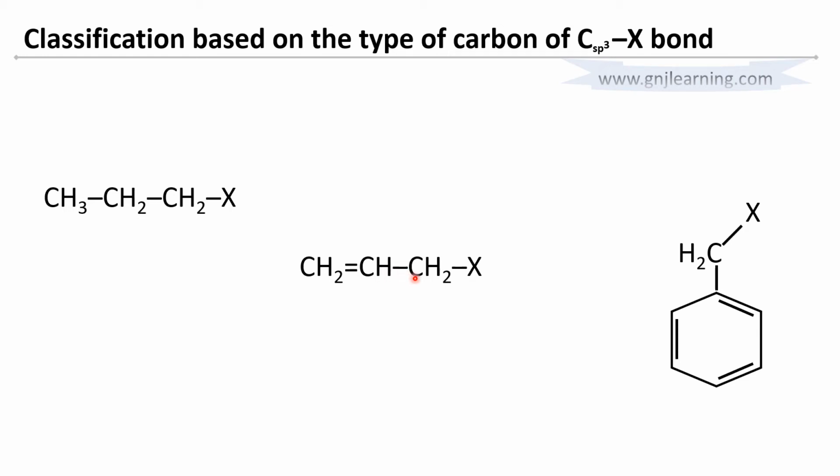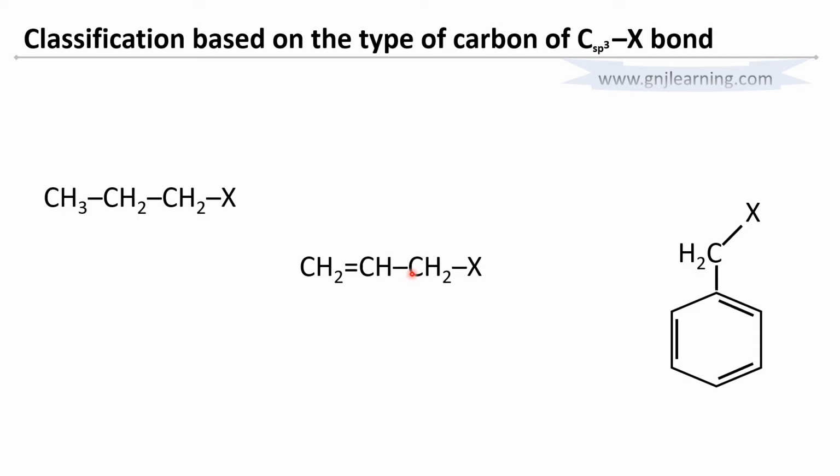You call it an allylic carbon. Clear? So the X is attached to an allylic carbon. Why is it called an allylic carbon? Because this carbon is attached to an sp2 hybridized carbon. Clear? Such sp3 hybridized carbon that is attached to an sp2 hybridized carbon is called allylic carbon.